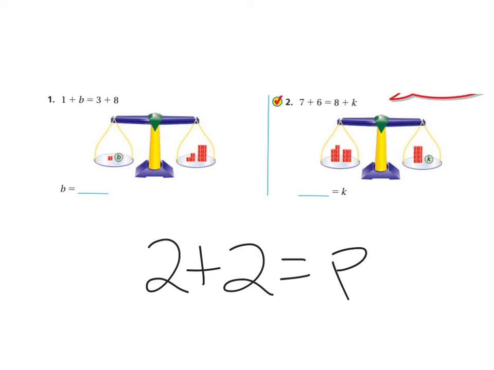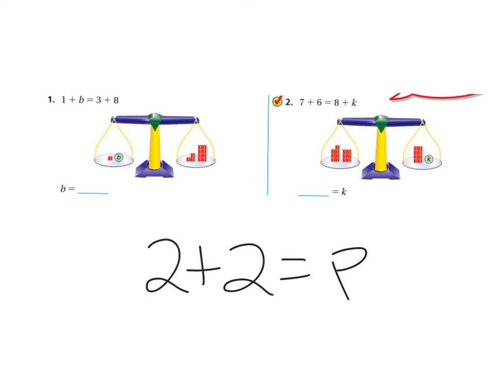A big part of an equation is trying to solve for the unknown, or what's known as balancing the equation. That's why on this page you see what look like some balance scales, because you're trying to find a number that can fit in place of the unknown.